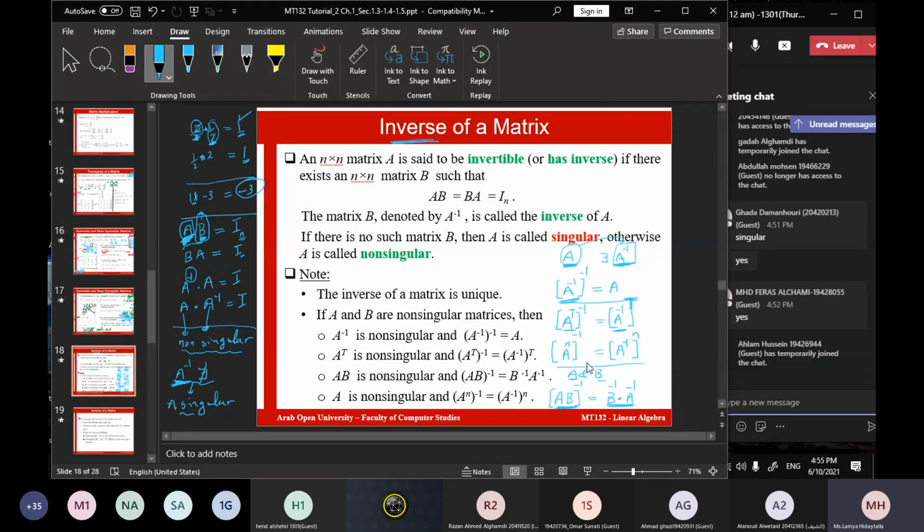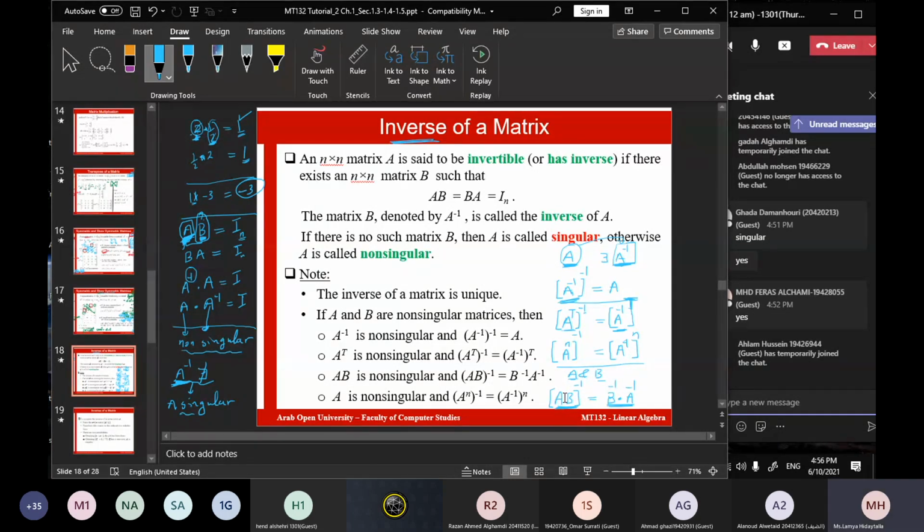So these are the rules. The inverse of the inverse of the matrix is the matrix itself. The inverse of the transpose of the matrix is the same as the transpose of the inverse. The inverse of A to the power n is the same as the inverse of A and then to the power n.